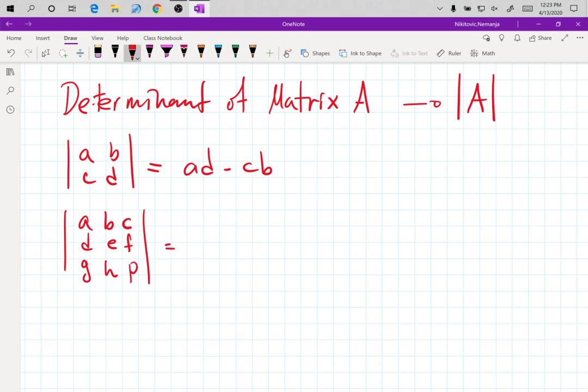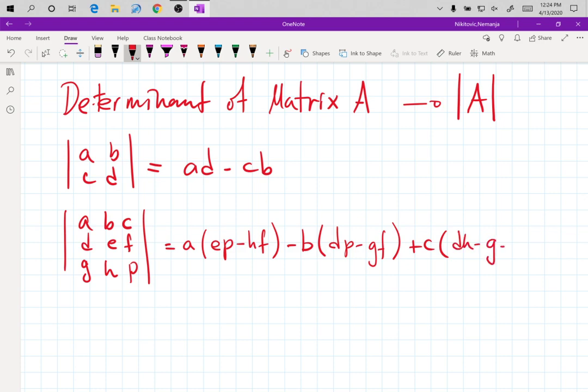So this one was A, and then we have EP minus HF, minus B, and then I have DP minus GF, and then plus C, DH minus GE.